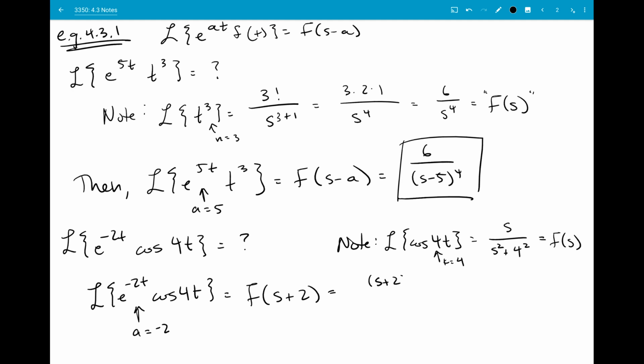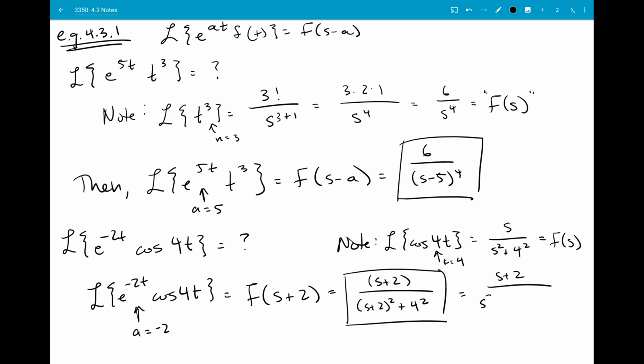So we're going to have s plus 2 over s plus 2 squared plus 4 squared. And there might be some temptation to go ahead and say, okay, that's s plus 2 over s squared plus 4s plus 4 plus 16. So s squared plus 4s plus 20, like that.